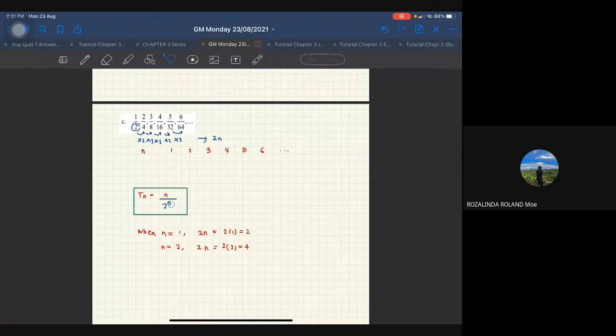Sepatutnya dia dekat atas kan? Ya. Saya buat yang atas je. Macam tu. Kebetulan pula kan dia sama. So D adalah kuasa 1. This one is kuasa 2. Okay. Thank you betul kan? This one sepatutnya kuasa 2.